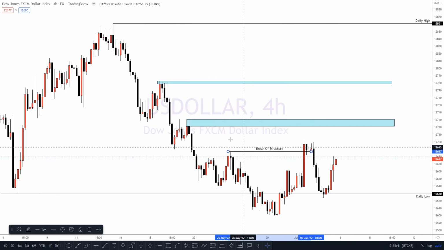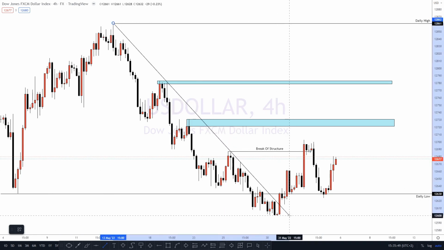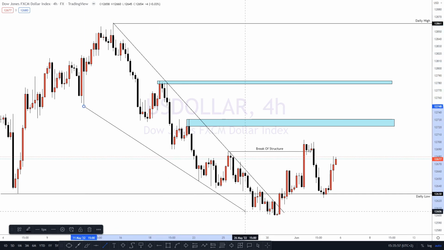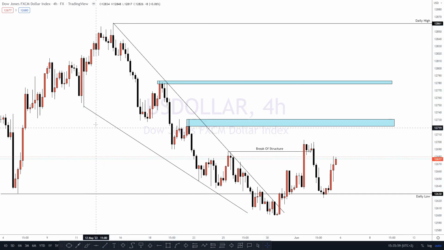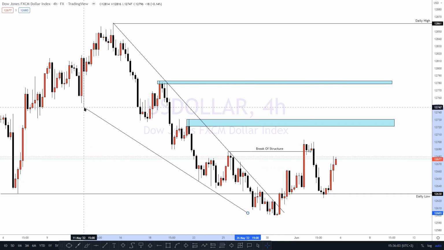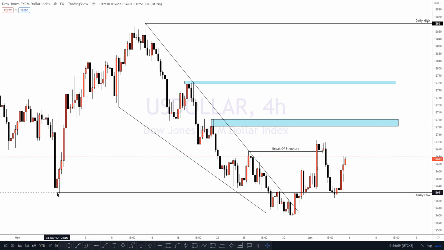From here, I think it is a 4H structure for me to include this as a confluence for what caused price to push to the upside. I had a falling wedge, and price broke above the falling wedge, found a bit of a double bottom on daily, or some support on daily, before pushing to the upside.